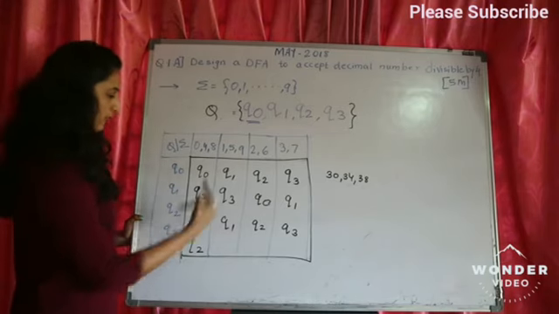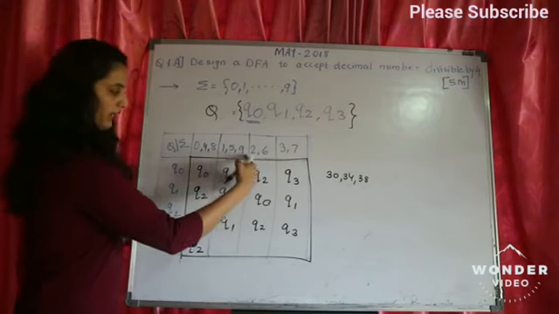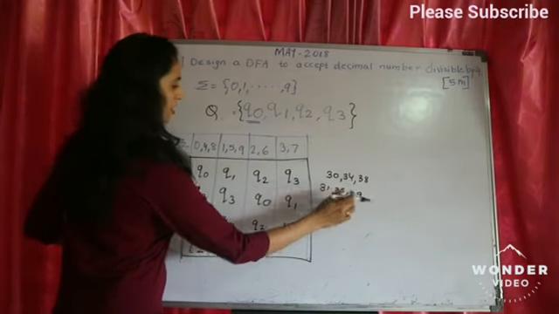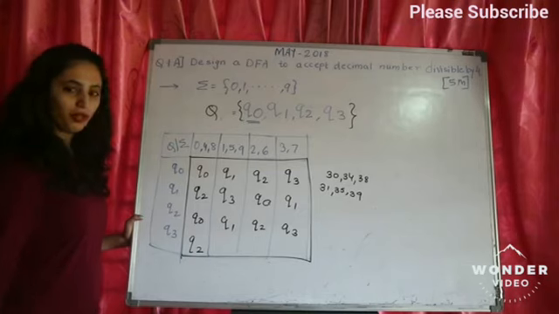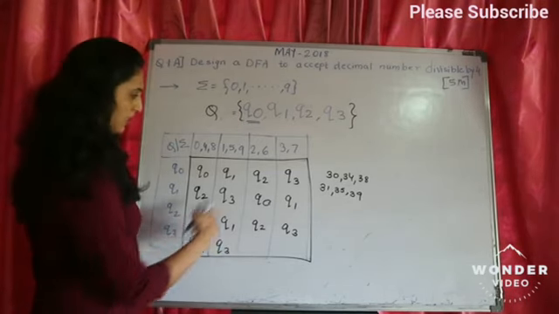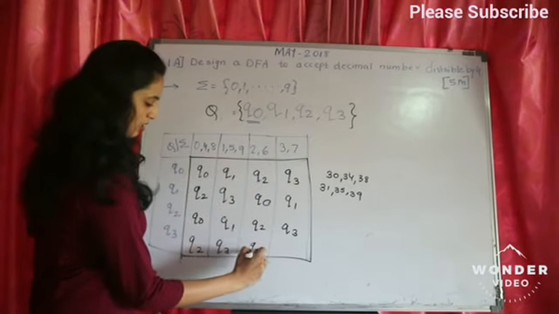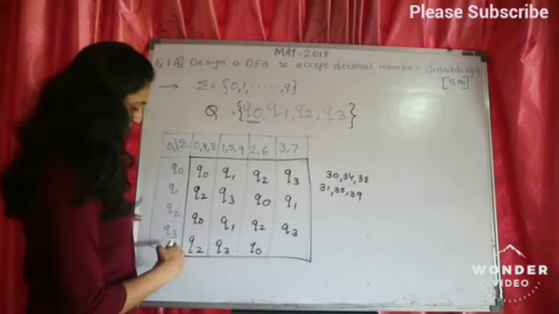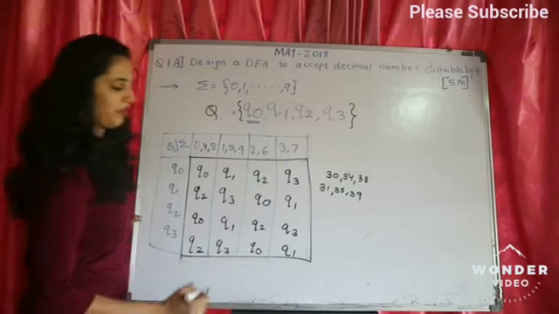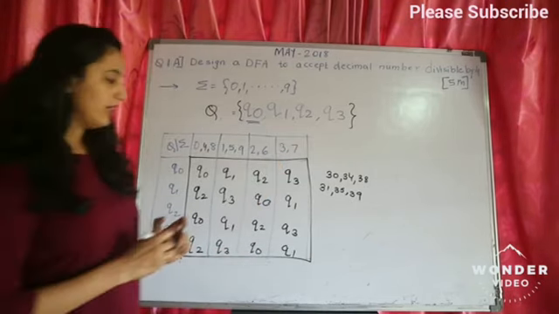Next, Q3 on 1, 5, 9, that is 31, 35, 39. Any of these mod 4 gives remainder 3. Next, 32 mod 4 is remainder 0, and 33 mod 4 is remainder 1. With this we have completed our table.